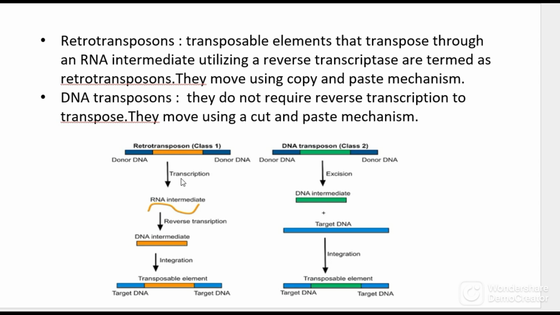There is no need for transcription or reverse transcription. So we can say that these DNA transposons, or the class 2 elements, move by cut and paste mechanism, and retrotransposons move by copy and paste mechanism.